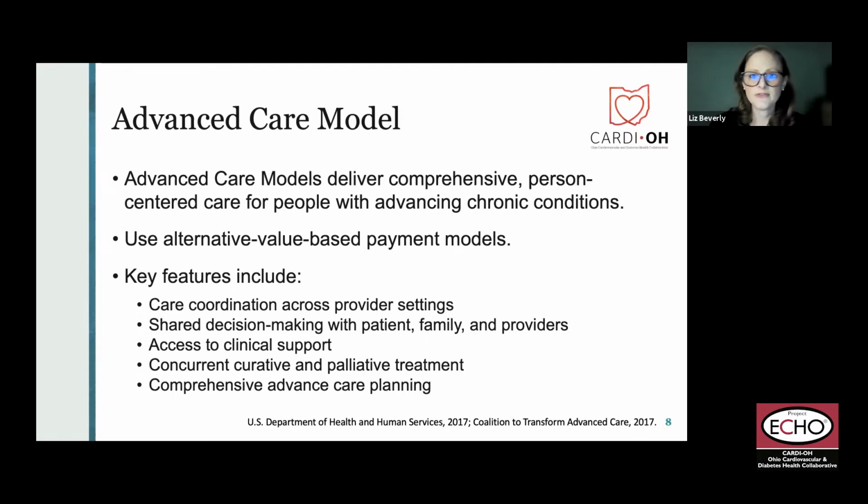Other key features include care coordination across provider settings, shared decision-making with the patient, family members, and providers, access to clinical support, and then depending on how advanced the chronic illness is and if they're approaching palliative care, access to clinical support might actually be 24/7. And one of the other key features is concurrent curative and palliative treatment.